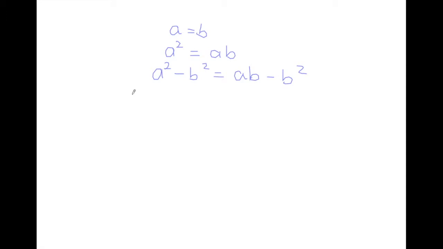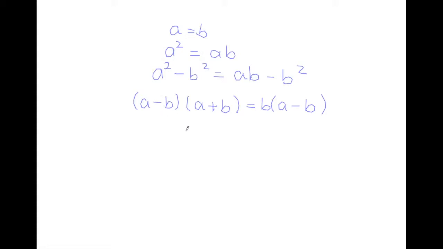The left-hand side we can factor as a difference of two squares, so we'll get (a minus b) times (a plus b). And the right-hand side will factor as b times (a minus b). Notice that we just factored out the b, which is the common factor on the right-hand side.